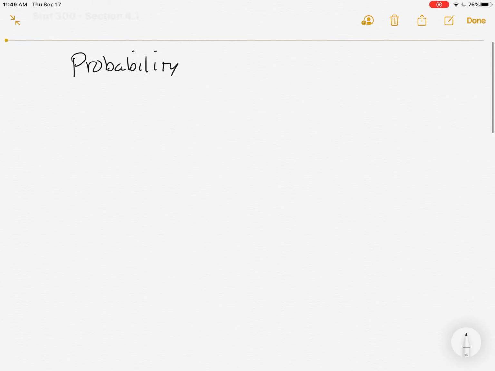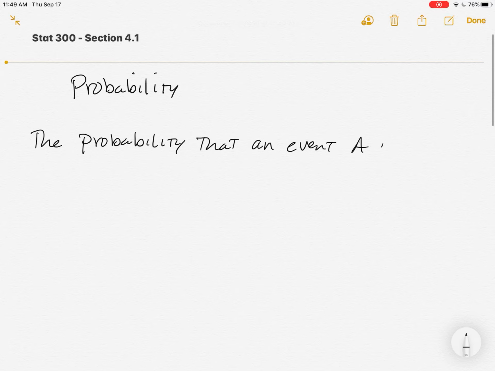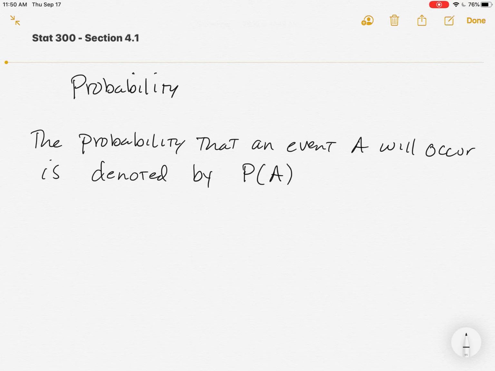And so let me start with the definition. The probability that an event A will occur is denoted by the symbols P with A in parentheses.